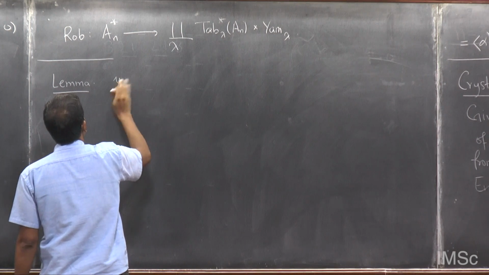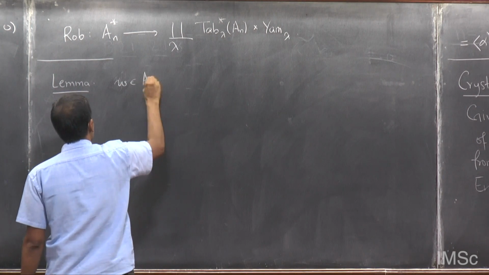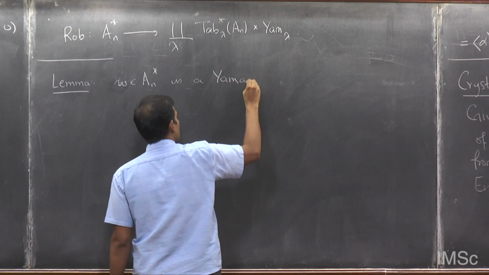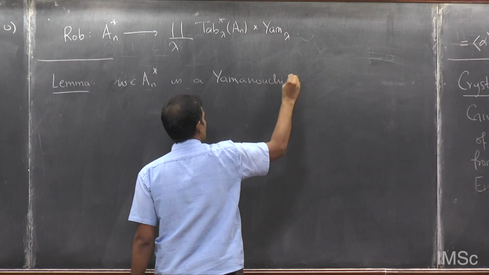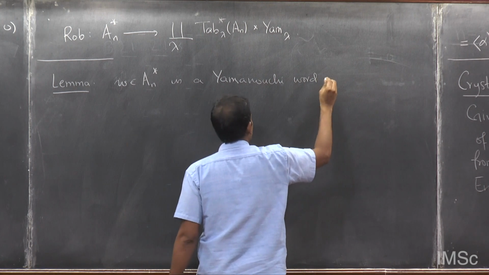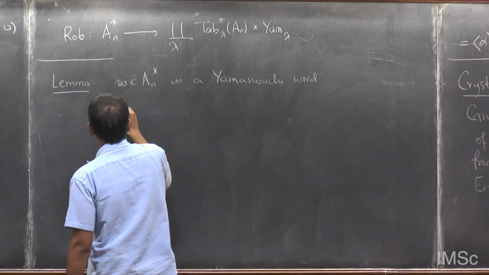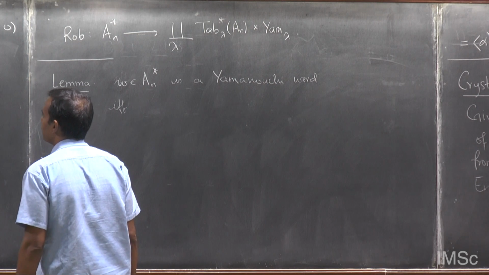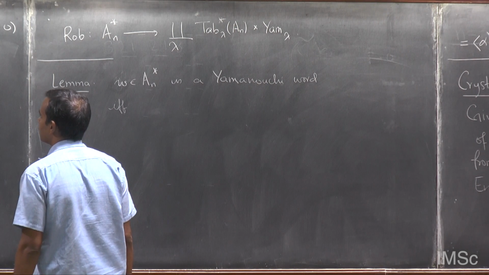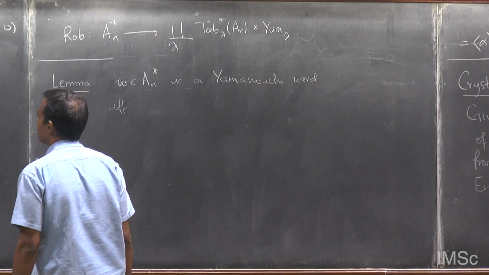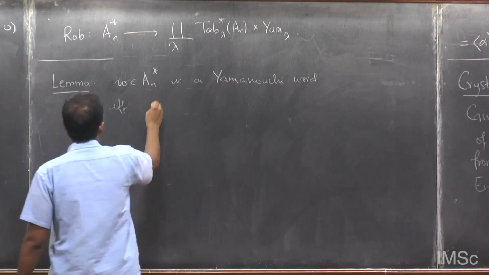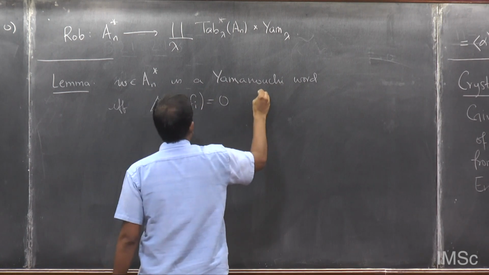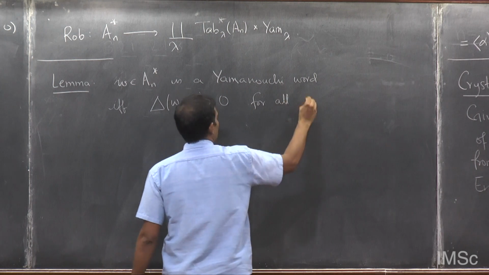A word w belonging to A_n star is a Yamanouchi word if and only if delta w e_i equals 0 for all i.